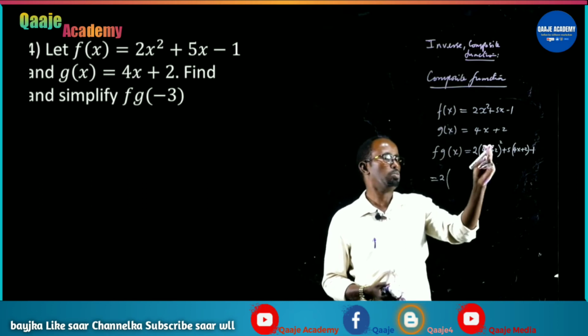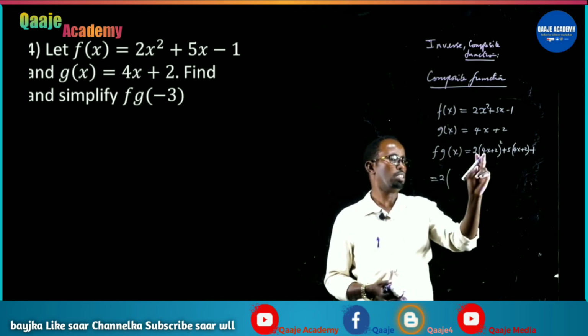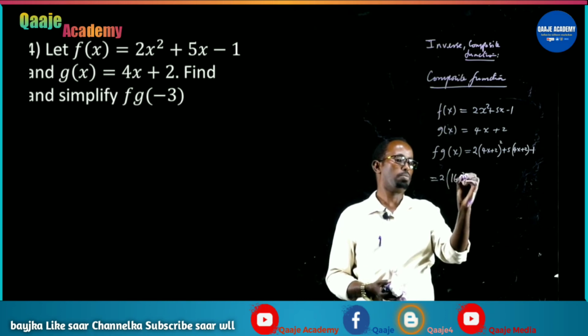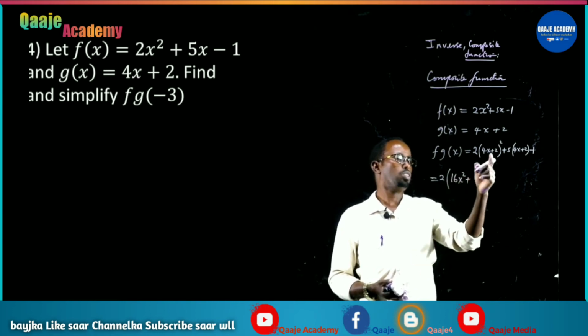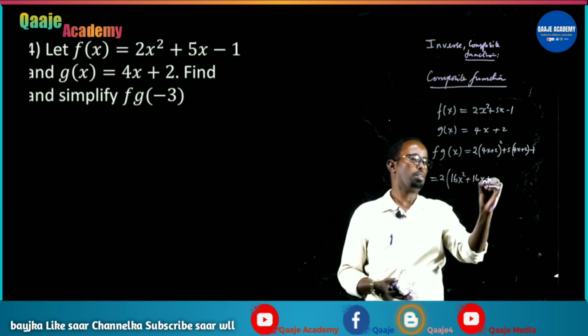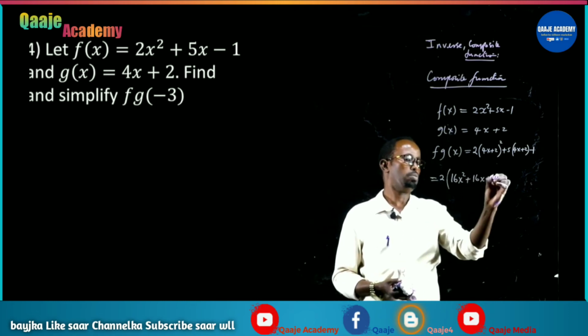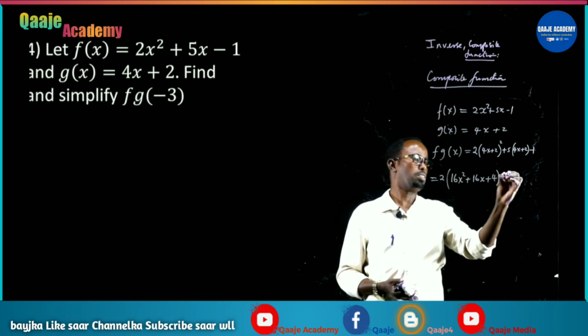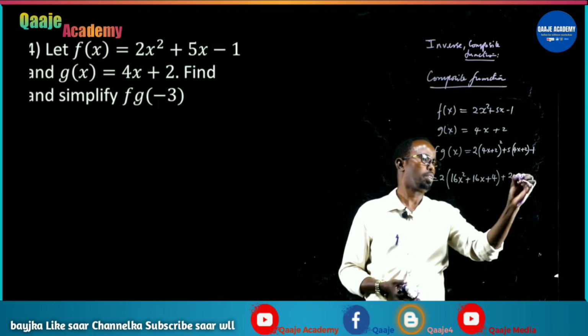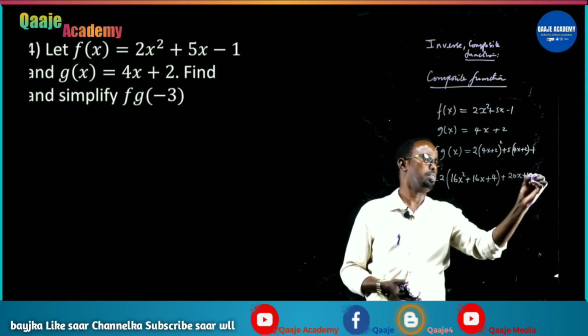So you multiply 4x plus 2 twice, so this will be the square of the first term, 16x squared, plus 2 times the product of these two, that will be 8 times 2, you get 16x, plus the square of the second number, which will be 4, and then plus 20x plus 10 and then minus 1.